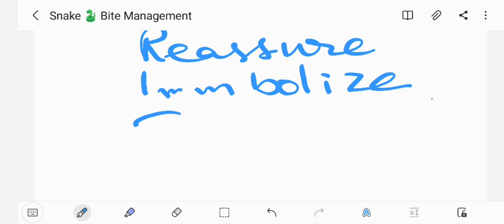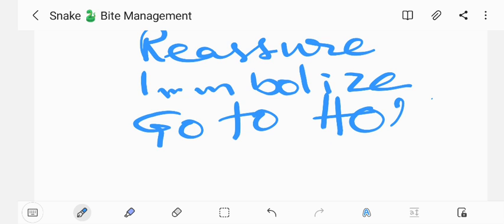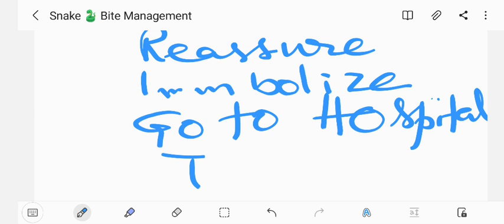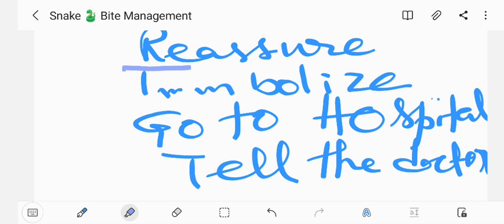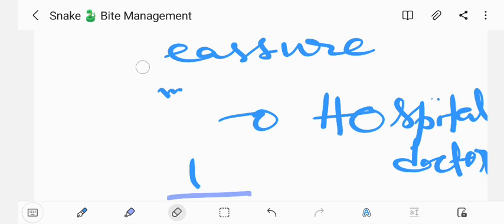Go to the hospital where ASV, or anti-snake venom, is available, and tell the doctor about the condition. Reassure, immobilize, go to the hospital, tell the doctor: RIGHT. It is the right approach.